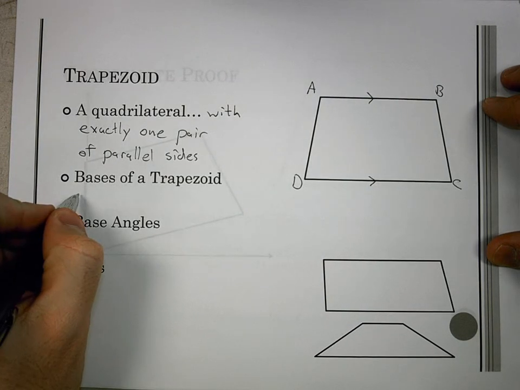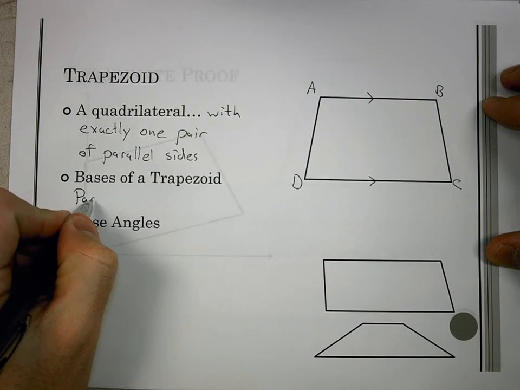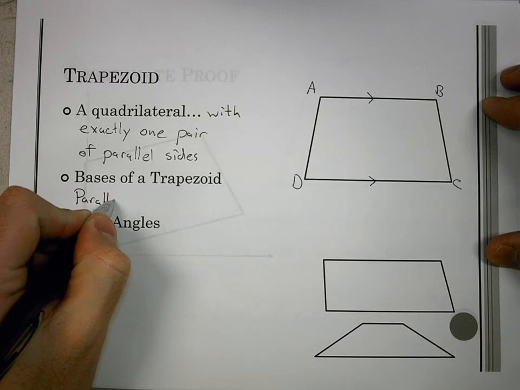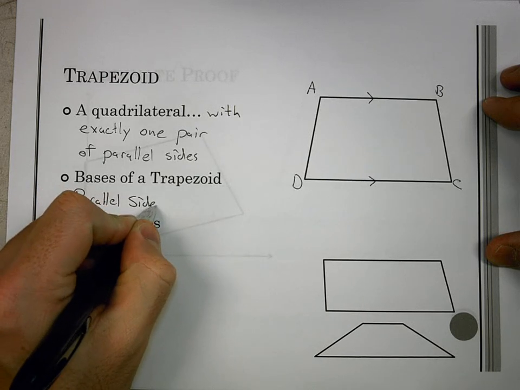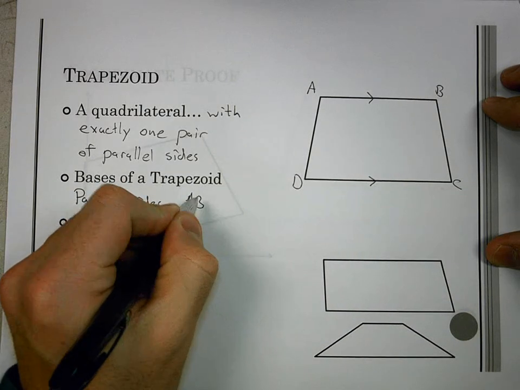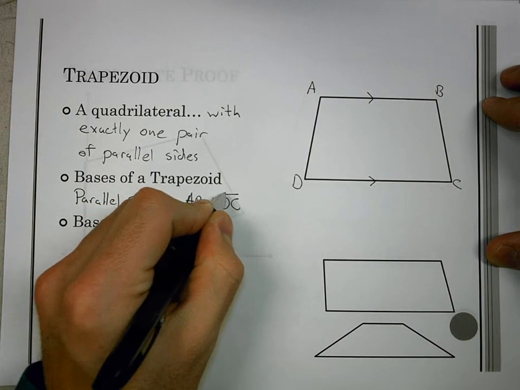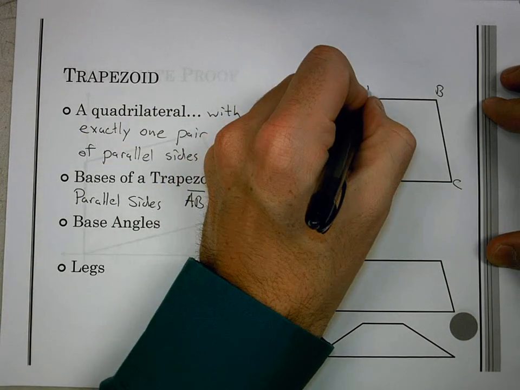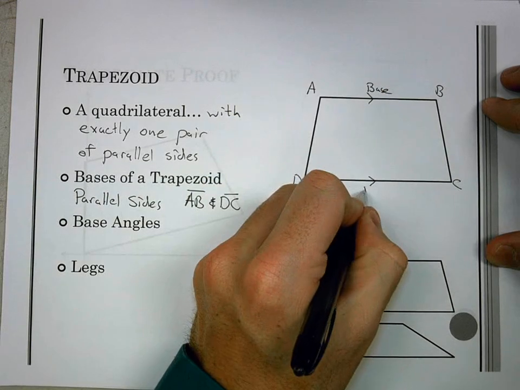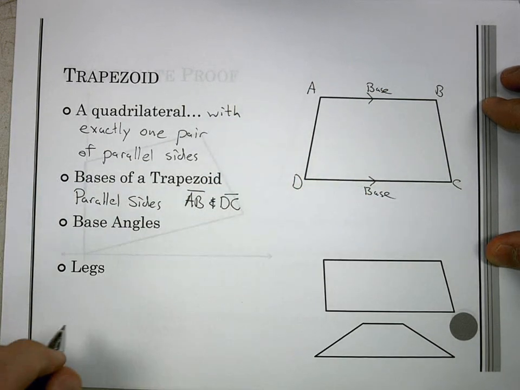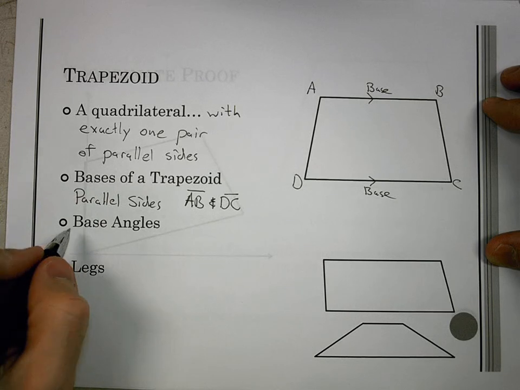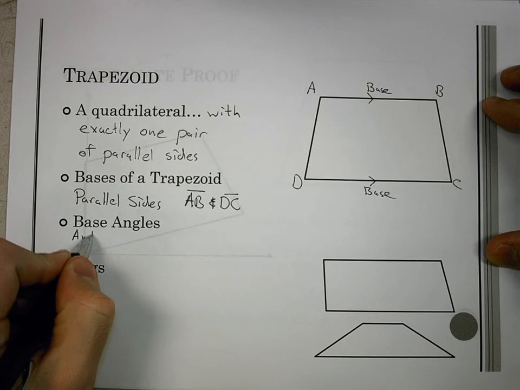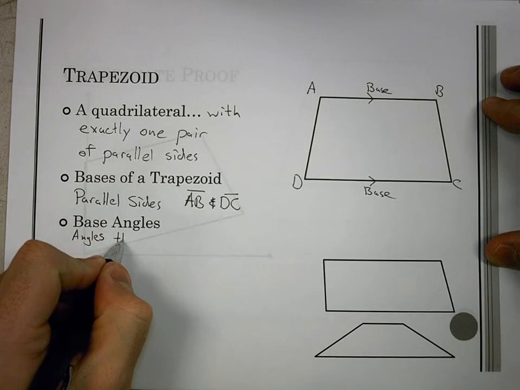The bases of the trapezoid are going to be what we've mentioned so far, the parallel sides. So that would be AB and DC. So these are our bases. We have one base here and the other base down there. The base angles are going to be angles that share a base or have a base in common.